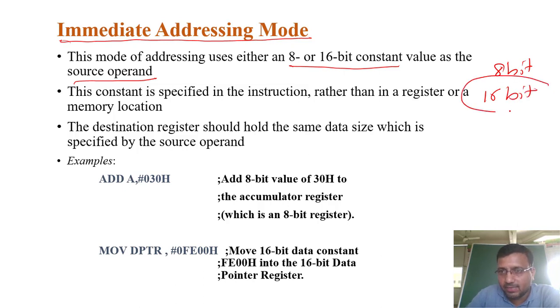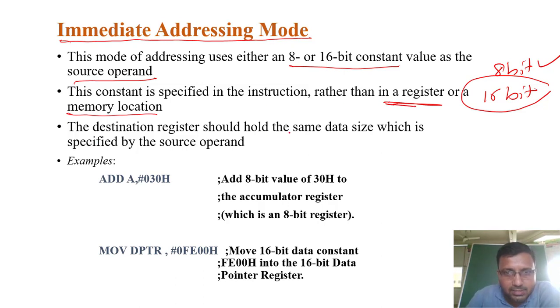For storing a 16-bit value, you must use 16-bit registers, and for storing an 8-bit value, you must use 8-bit registers. This is a constant specified in the instruction rather than in a register or a memory location. We can pass a constant in the immediate addressing mode.